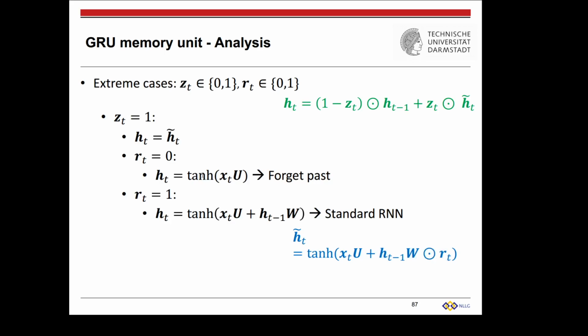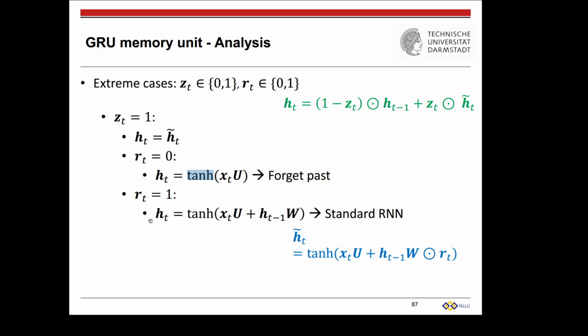So it means we're forgetting the past. Everything that has previously been said is being forgotten. We only care about the current input. Now we have the tanh function here. Well, that's the traditional way of implementing that. Of course, you could do something other than tanh. You could put ReLU here if you want.